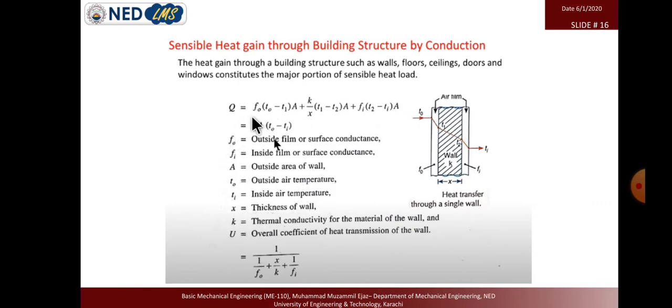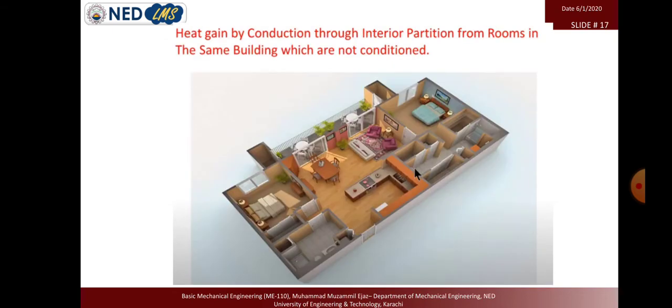It's related to the conduction, convection, and the combined effect of radiations. I'm just showing the formula for your knowledge basis, but we are not going to solve numericals from this long equation. We will solve in mechanical engineering, but you are having a very short course of HVAC.